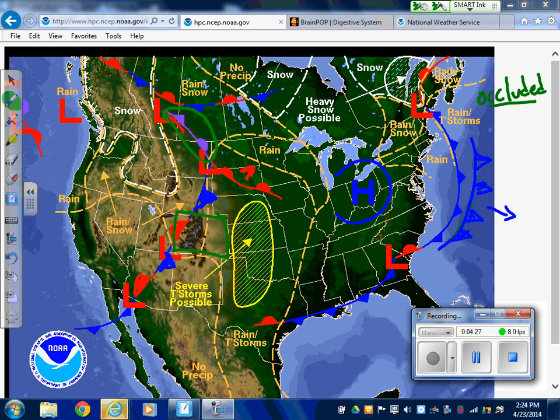Because there's a front right here, although it's a stationary front. So, yeah, this is actually a fairly tricky thing. You see thunderstorms here, rain and snow here, but the stationary front is generally bad weather, rainy weather, and not moving. So that's a little bit of a tricky one to predict.